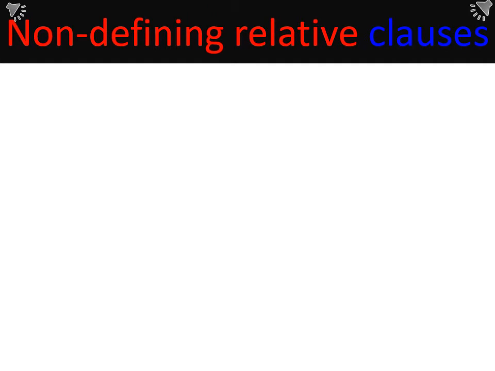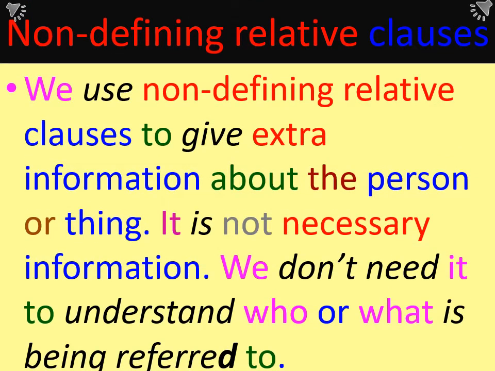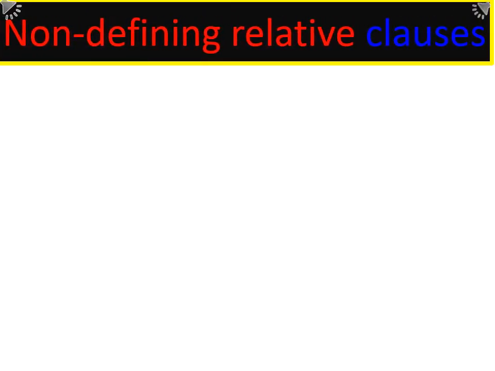Non-defining relative clauses. We use non-defining relative clauses to give extra information about the person or thing. It is not necessary information. We don't need it to understand who or what is being referred to.